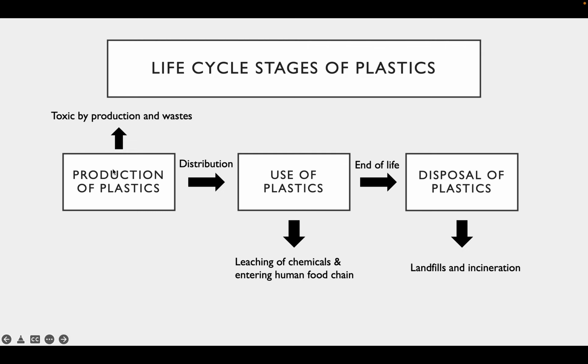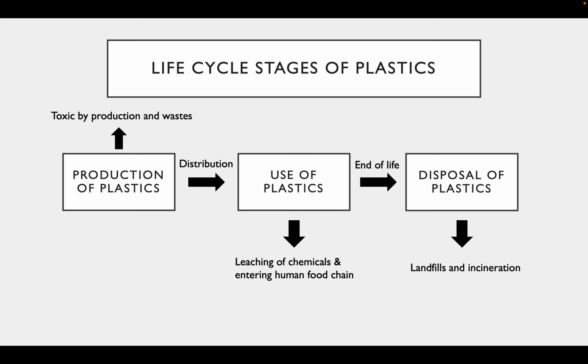In the initial stage of production, toxic gases and waste are produced, which result in air pollution and pollute the environment. The produced plastics are distributed to people for use, and in this stage, plastics are used in various places. For example, plastic food containers and plastic caps. Leaching of chemicals results from those substances, and the microplastics enter the human food chain, which leads to various dreadful diseases.